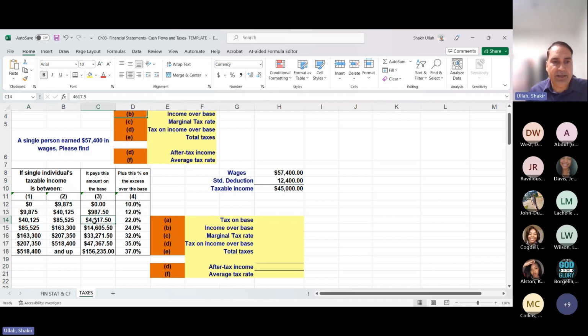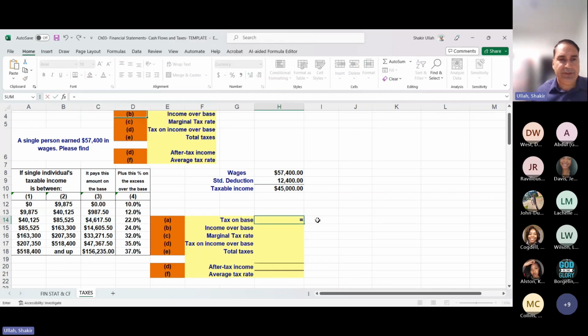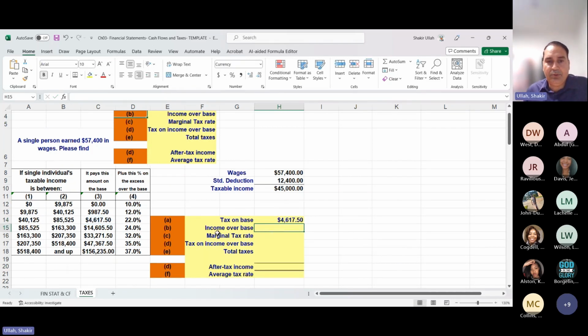Okay, and what is the tax on that base? The tax on that base is 4,617. So we take that amount as the base tax in this bracket. The next item: what is this person's income over the base? We can see he is over the base, but how much over?